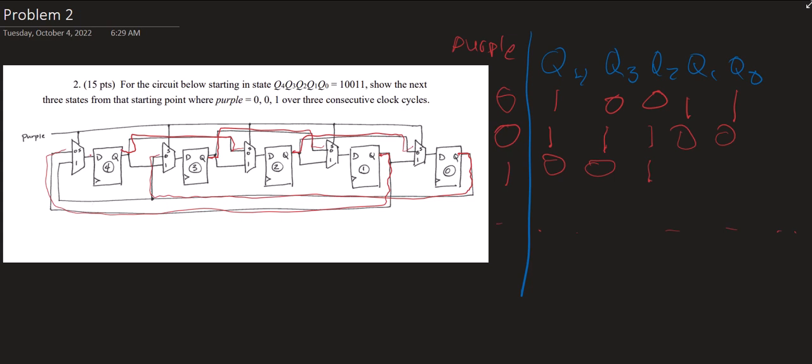For Q1, what's going into the 0, I can't tell anymore. I think it's Q3, which was 0. And Q0, what's going into the 0 is Q2, which was 1. And I messed up. Q1 is wrong. Let's see. So Q1, what's going into the 0 is Q3, which was 1.